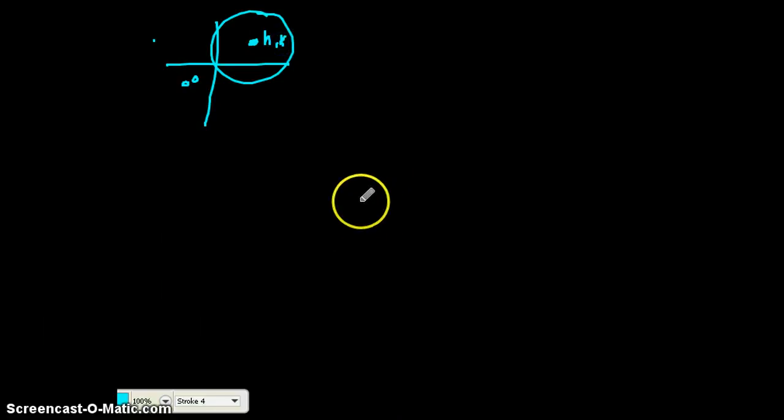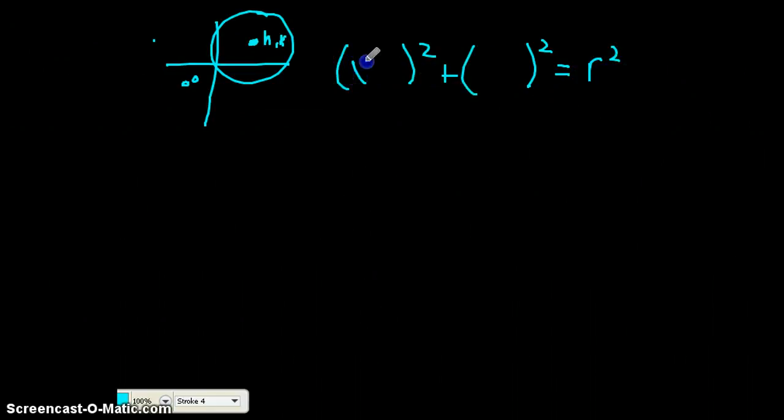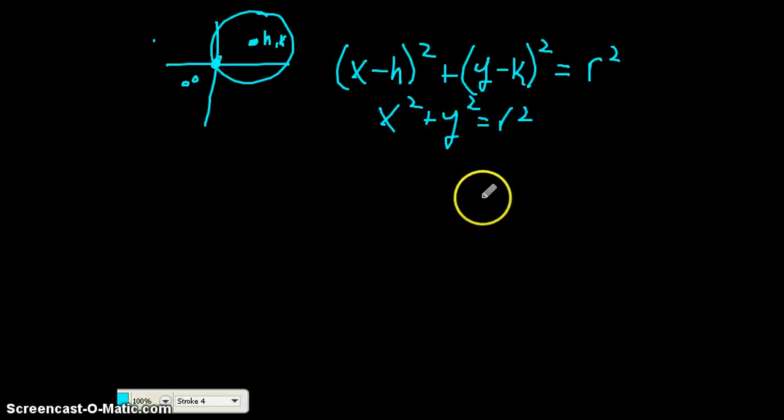Now let's review the formula. Something squared plus something squared is equal to what? r squared. This was x minus h, and this was y minus k. When the center is on the origin, you just have x squared plus y squared is equal to r squared. Keep that in mind.